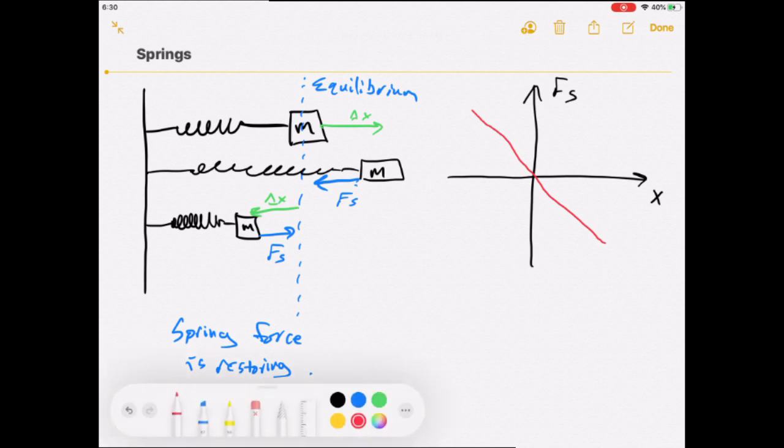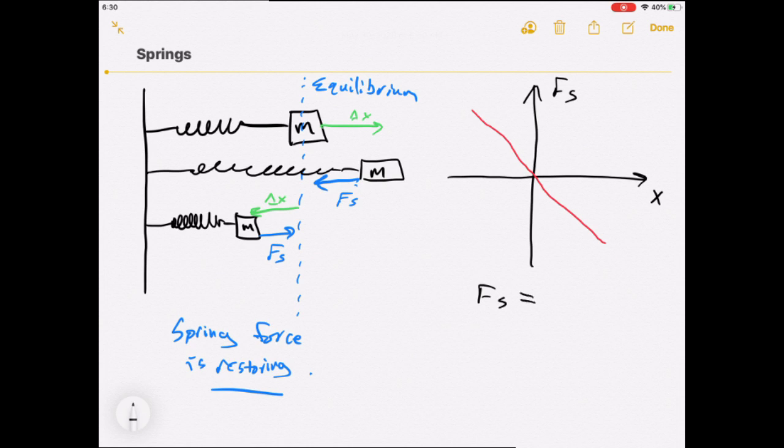And the equation of this is Fs equals some negative constant times delta x, right? And in fact, that's a vector equation because the force is a vector and the delta x is a vector. And that negative sign then indicates that they point in opposite directions, which they indeed do.